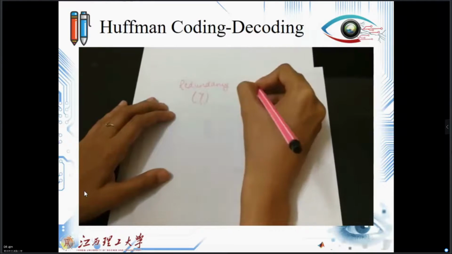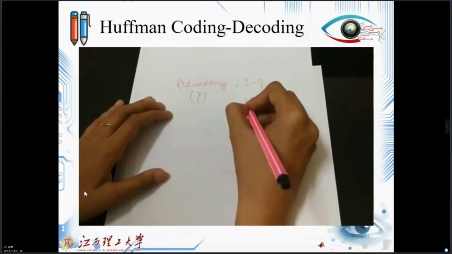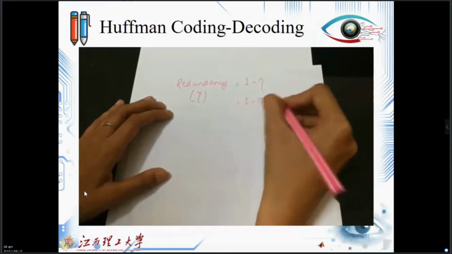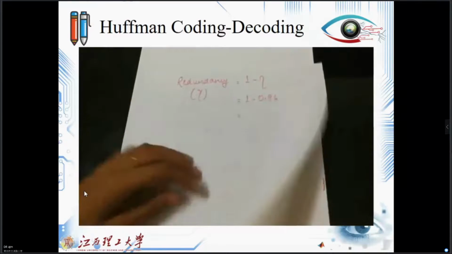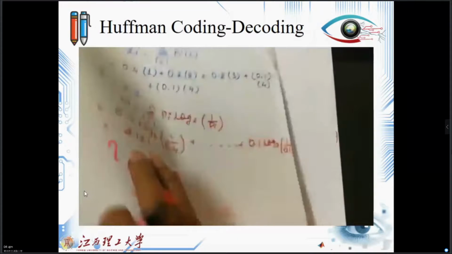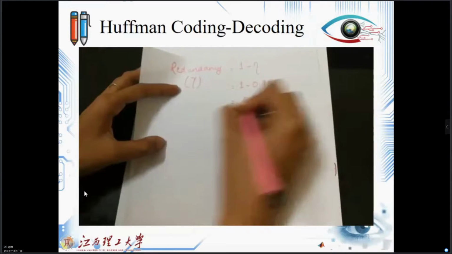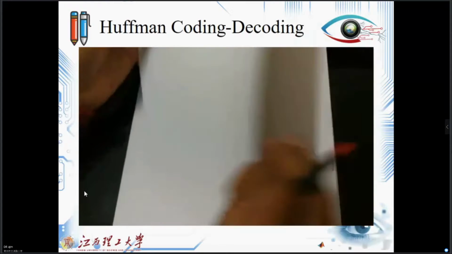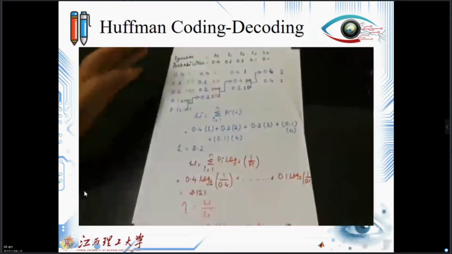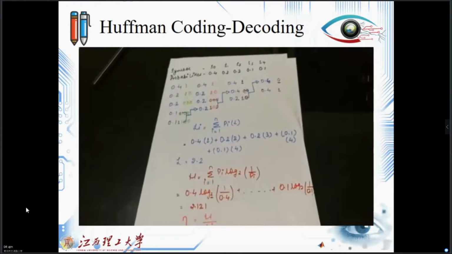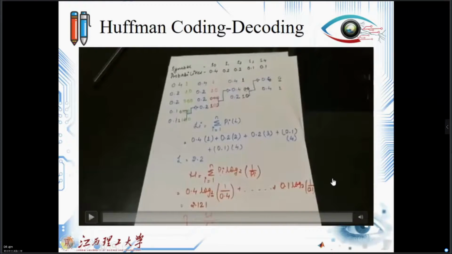By this gamma, 1 minus eta will come, which is 1 minus 0.96, so it becomes 0.04. And this is the full Huffman coding calculation. Do you want to see it again?